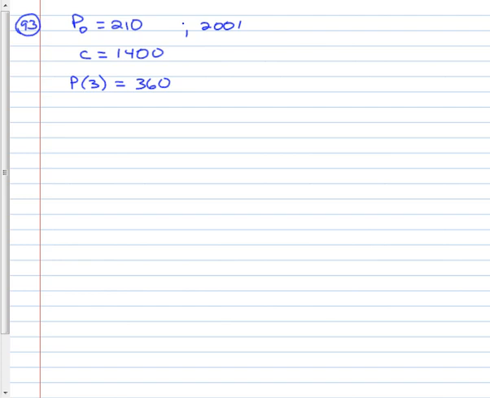So we need to know our logistic growth formula. Population at time t. Logistic growth formula is C divided by 1 plus A e raised to the negative Bt. And that B could be a k, it's just a constant up there.